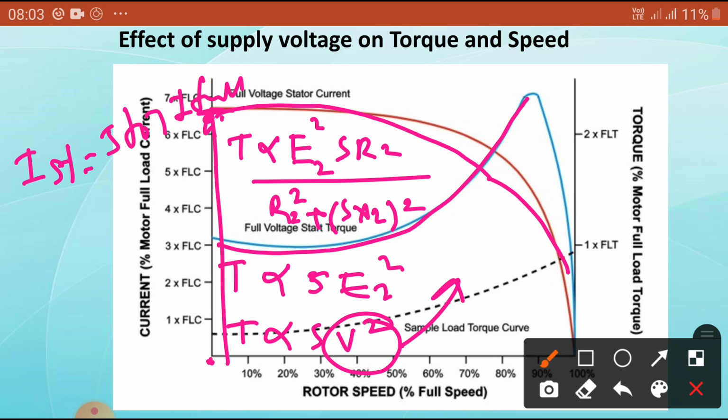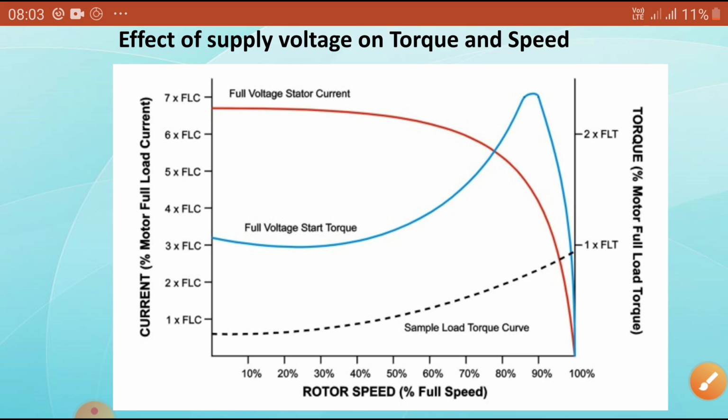So, that pickup will rotate the rotor. At that condition, the voltage is this much. Once the torque is developed, the voltage also increases and torque also increases up to maximum, and the current will decrease based on this equation. Okay. So, these are the relations between the torque versus supply voltage.